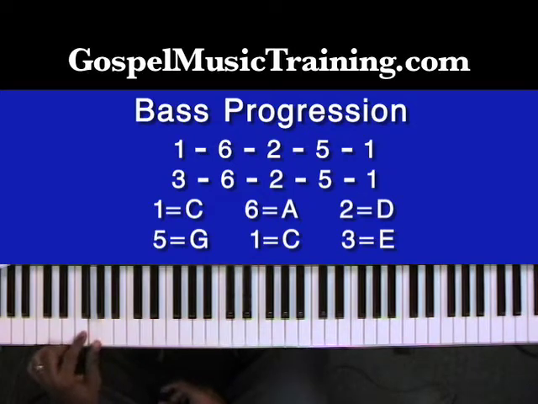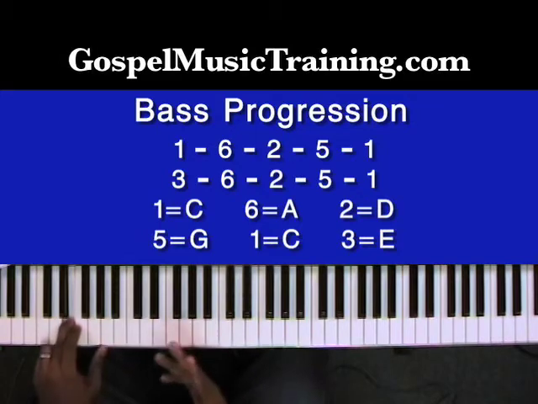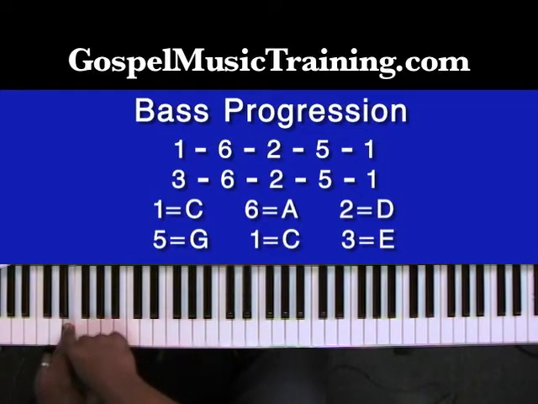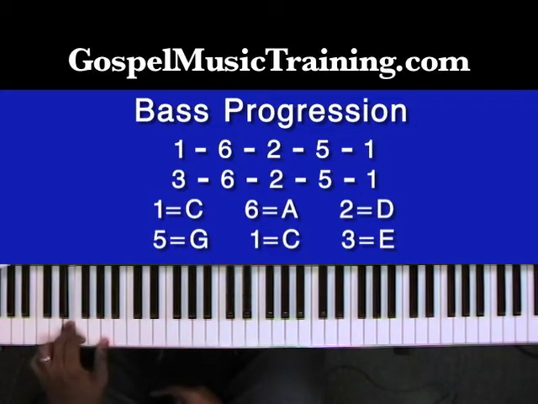I used the fourth tone, but it's just a passing tone. We don't stay there long. So I did the fourth tone, but I really wanted to go to the third tone just to repeat the same thing all over again, but this time starting on the third tone of the scale, which is E, to the sixth tone, which is A, to the second tone, which is D, to the fifth tone, which is G, and then I come back home to the one chord.